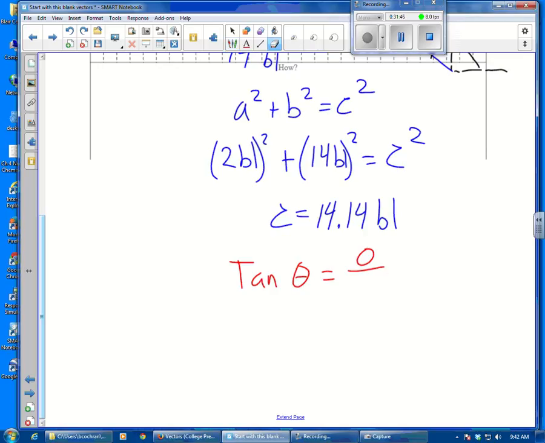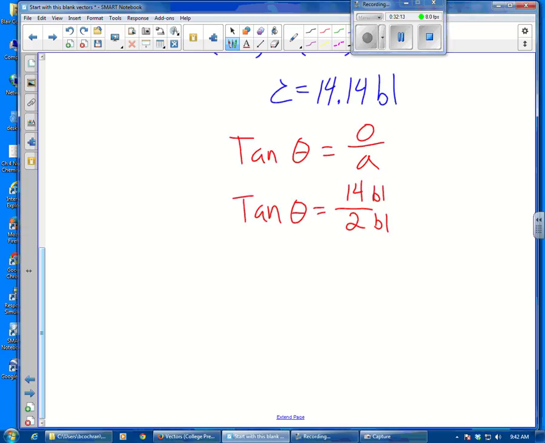Opposite over adjacent. Thank you. Wow, I've been doing too many sines and cosines. So tan of my unknown angle equals 14 over 2 for me. Right? Yes? Opposite over adjacent. Toe.